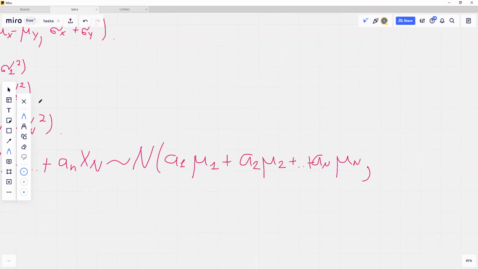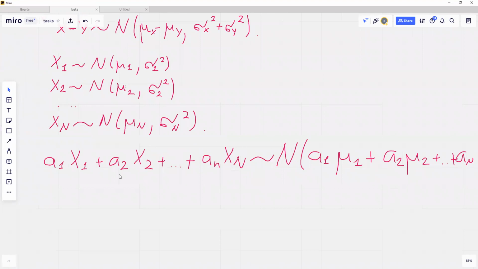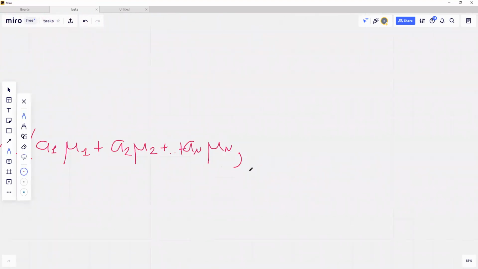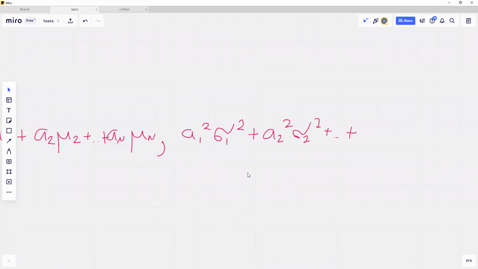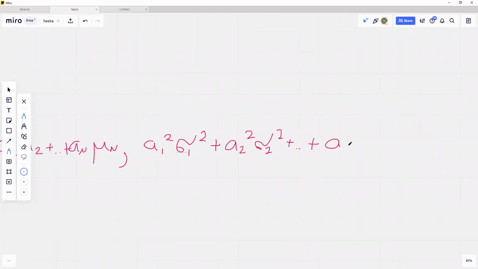All right, now if you take the variance of this linear combination, you need to square your coefficients: a1 squared sigma 1 squared plus a2 squared sigma 2 squared and so on, up to an squared sigma n squared.